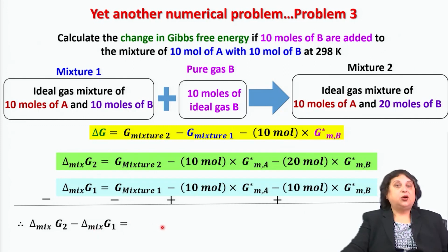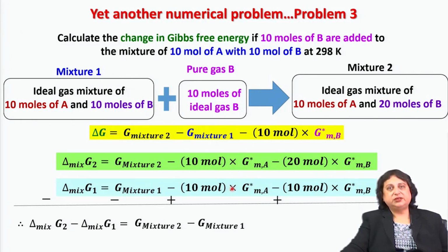What do I get on the right hand side? I must be having G mixture 2 minus G mixture 1 from these two terms. Then I find that these two terms cancel out and I am left with these two terms, which eventually gives me minus 10 mole multiplied by G star MB.